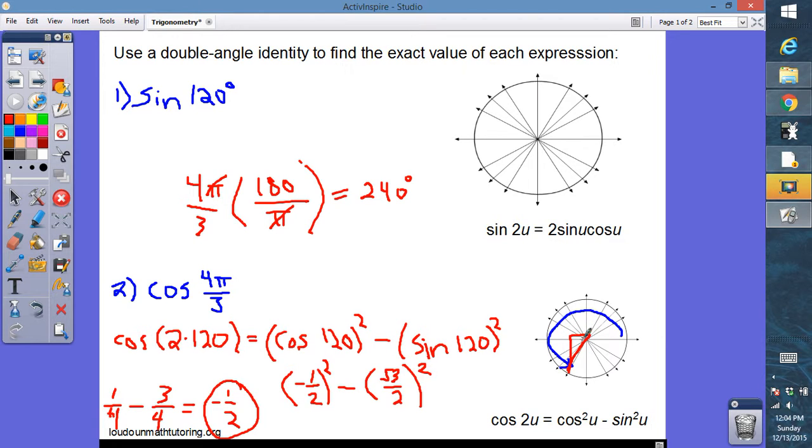So again, we're dealing with a 60-degree angle. So cosine for this is going to be -1/2, and the sine would be negative square root of 3 over 2 if you're talking about 240 degrees. Okay, so we know that we just used a double angle formula to verify that the cosine for this angle is -1/2.